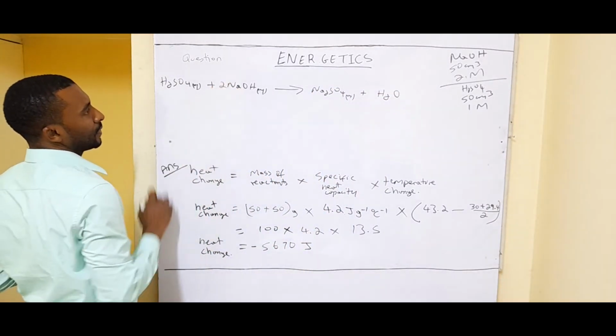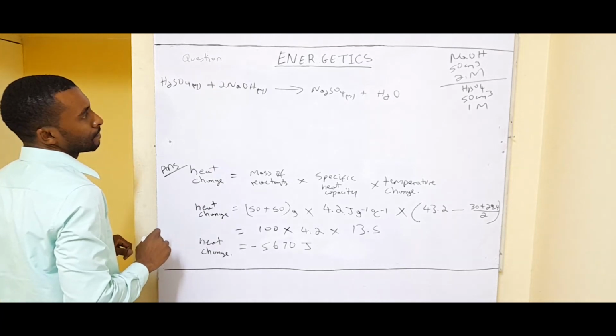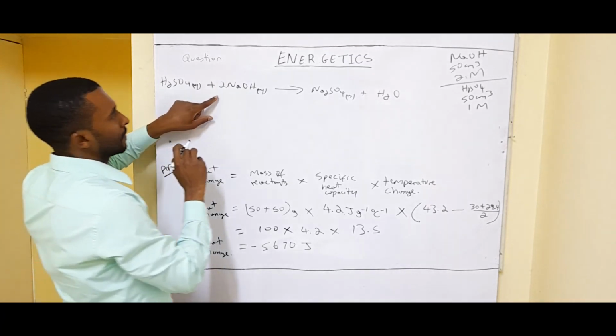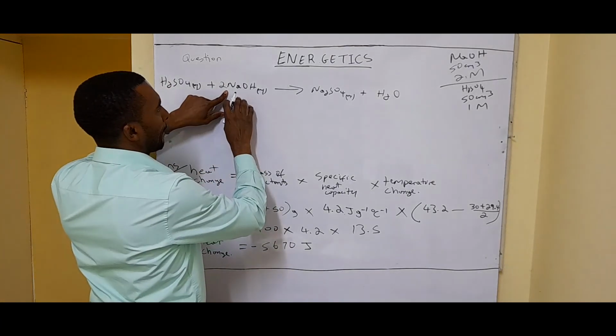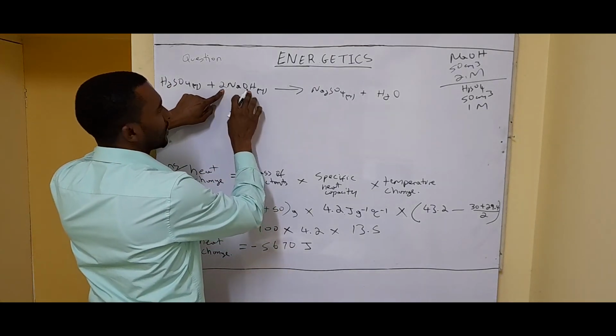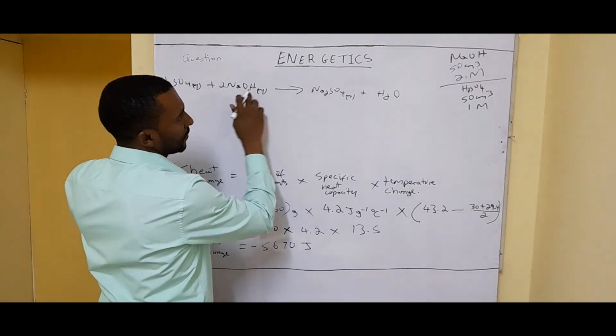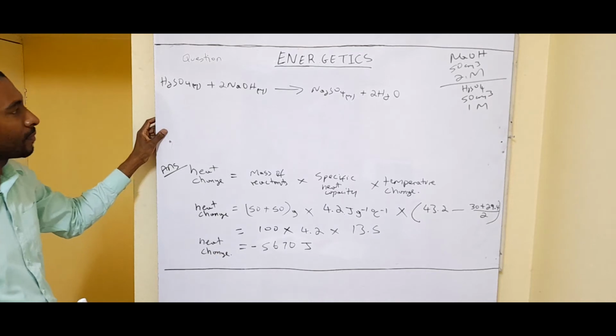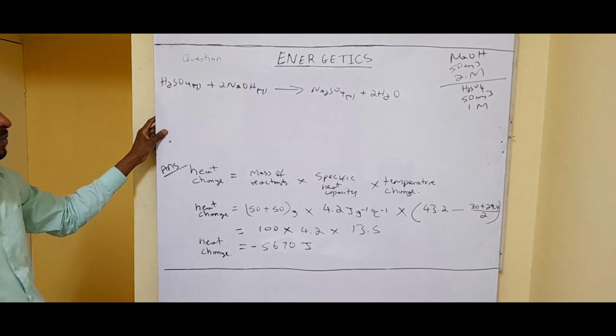To balance, we have a 2 here. Two sodium. So 2 hydrogen plus 2 hydrogen, 4.